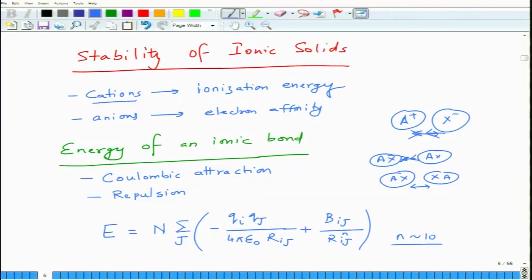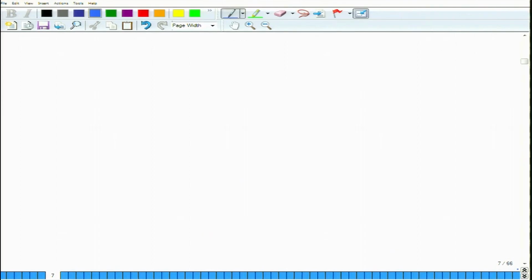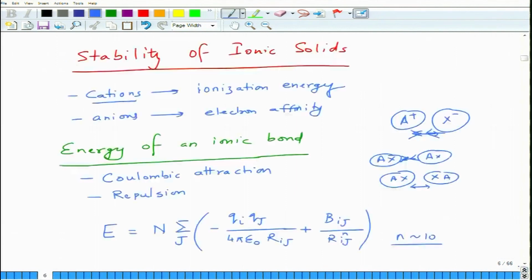So this will eventually give you an energy landscape. You have two terms here. The first term goes as minus 1 over r, and the second term goes as r to the power n. It is the combination.